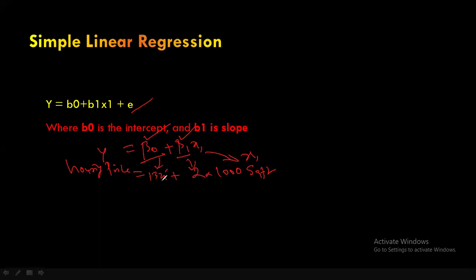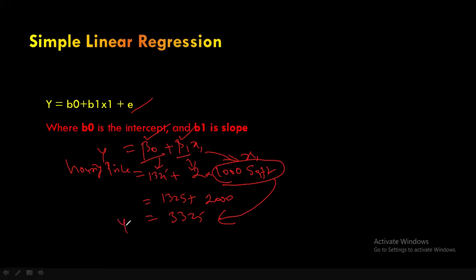Beta naught is already calculated by your model as 1325. So 1325 plus 2 times 1000, which is 2000, and adding these two gives 3325. If the size of the house is 1000 square feet, this is the predicted housing price.